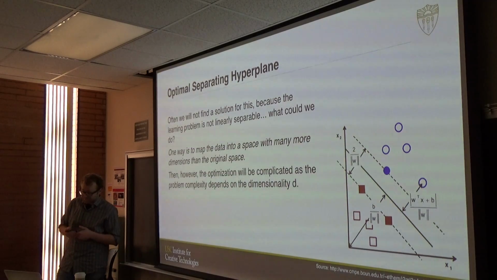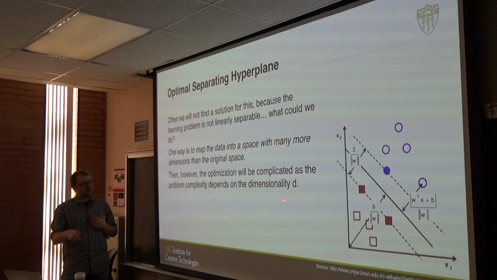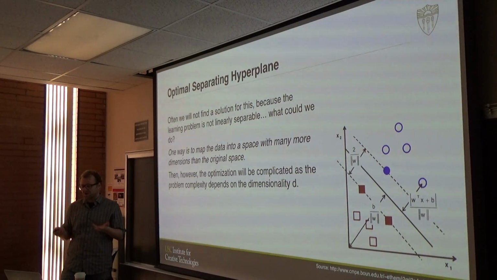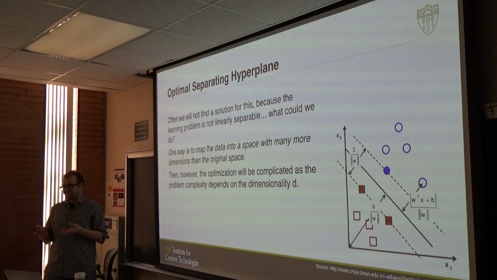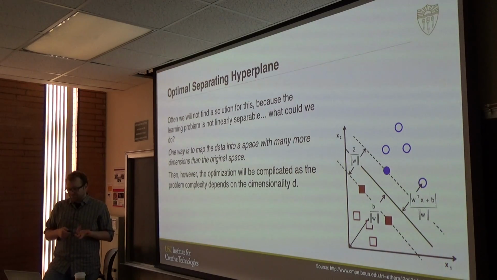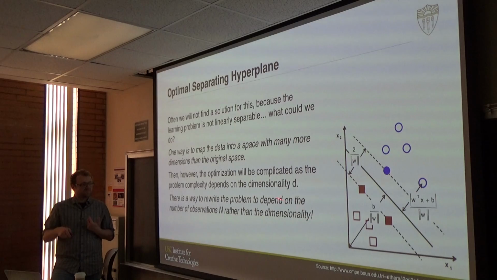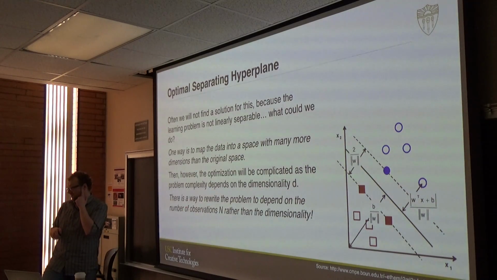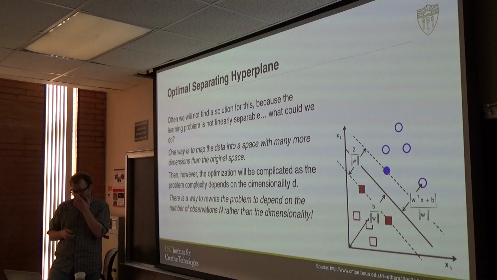However, as we said, we will need to optimize this, and this optimization becomes much more complicated because it depends on the dimensionality D. So what we need to do is to rewrite this problem so that it depends on the number of observations n rather than the dimensionality. That's what we're going to do now.